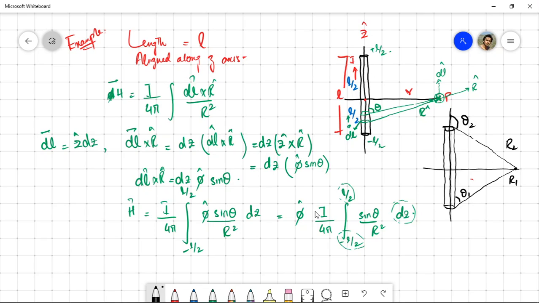So we have figured out the limits: if we want to perform our analysis on this complete conductor, then we'll have to integrate from theta 1 to theta 2.